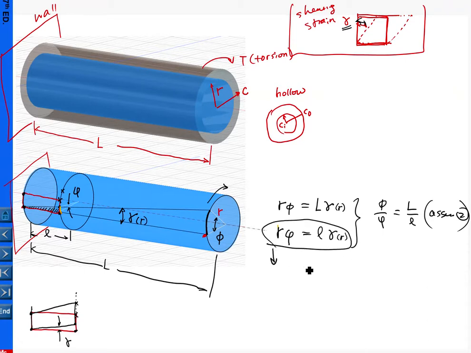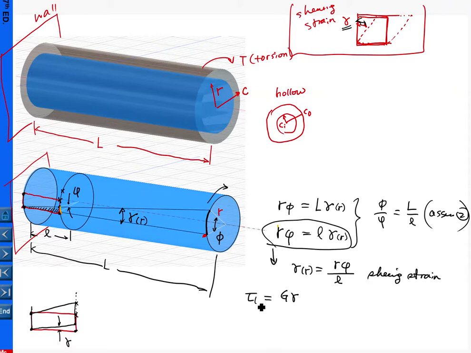Starting from here, we can see the gamma, a function of r, simply equals r v divided by L. So this is the shear strain. By multiplying the shear strain with the rigidity modulus, we get the shear stress.